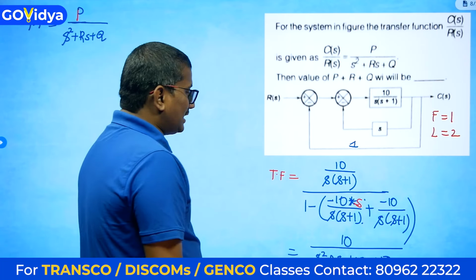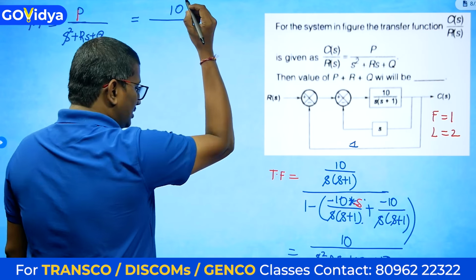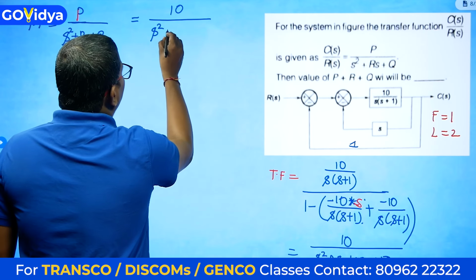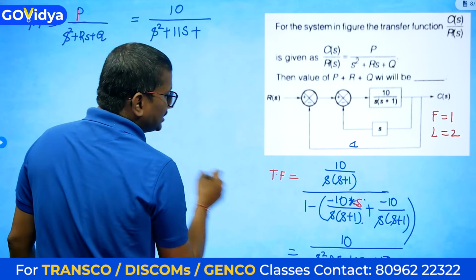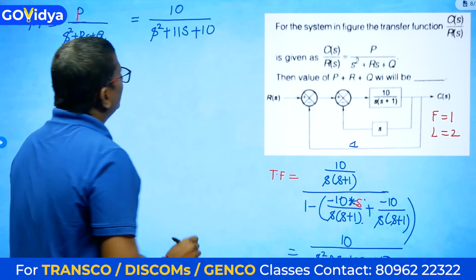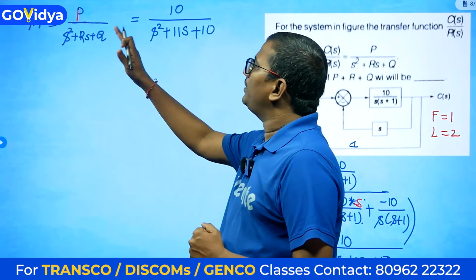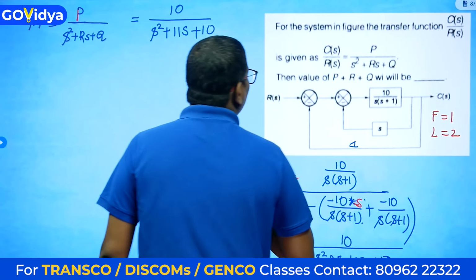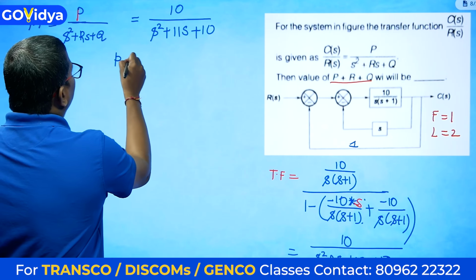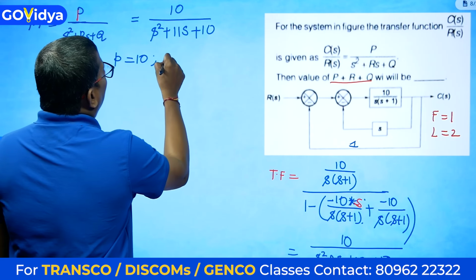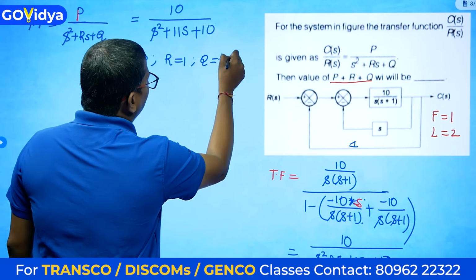So this is 10 by S square plus 10S plus S, that is 11S, plus 10. Correct, na? Now what we have to do is compare the values of P, Q, R. What are the values when you compare? P equals 10, R equals 11 and Q equals 10.